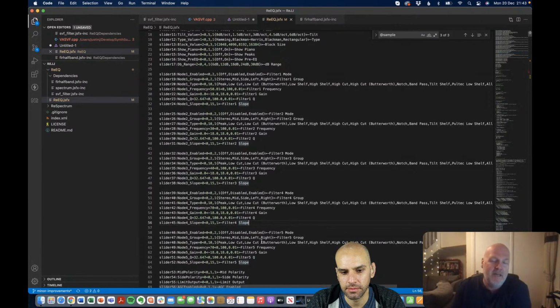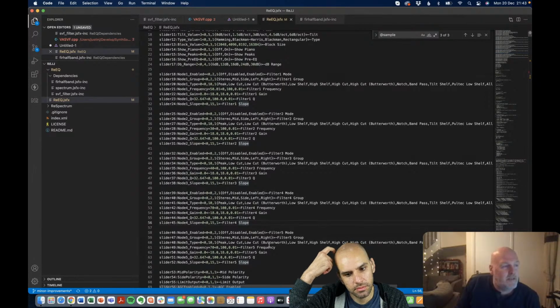I was about to say one of the things that has never been really taken care of in JSFX is that the sliders are kind of linear value. REAPER really needs logarithmic slider values.